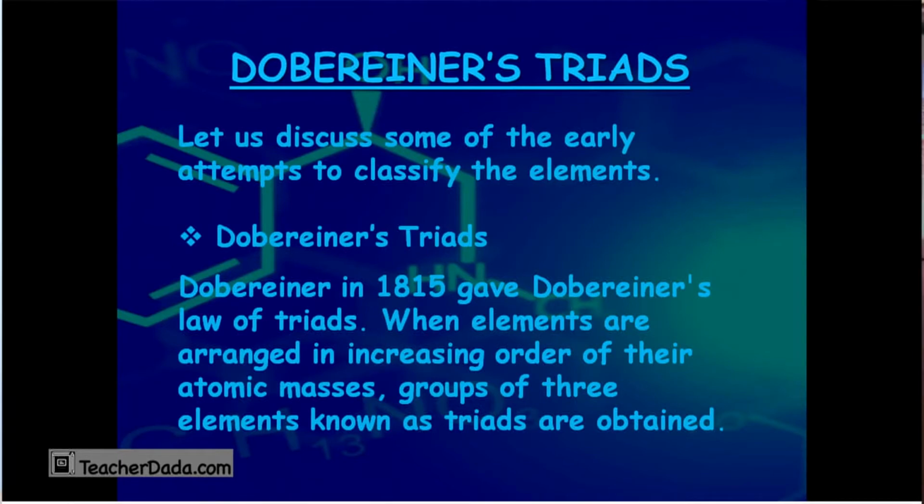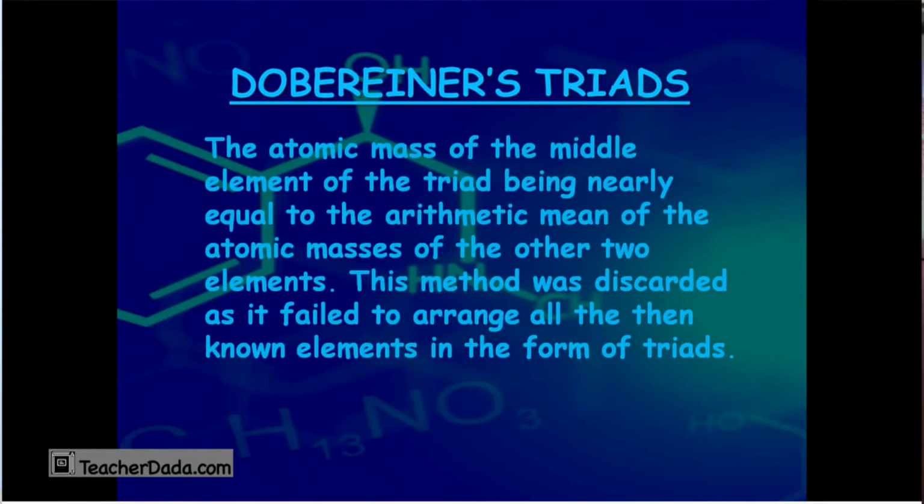The atomic mass of the middle element of the triad is equal to the arithmetic mean of the atomic masses of the neighboring 2 elements. But more examples were not found for the triads. Therefore, this theory was not accepted and it failed to arrange all the then known elements in the form of triads.